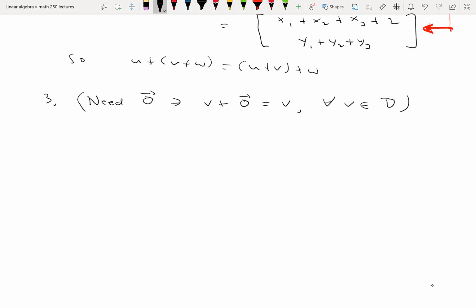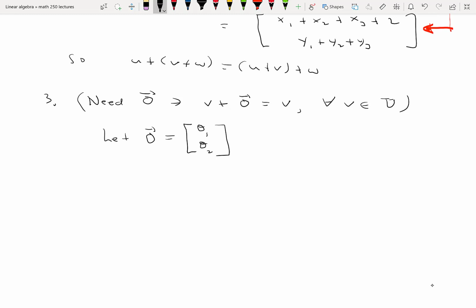Okay, I don't know what that 0 vector looks like. So identify it. Let the 0 vector be, I don't know what it is, so let's say 0 sub 1, 0 sub 2. I don't know what the entries are.